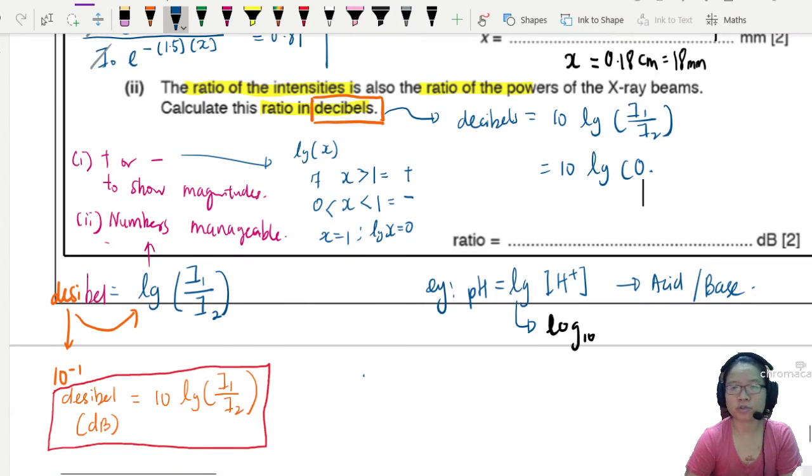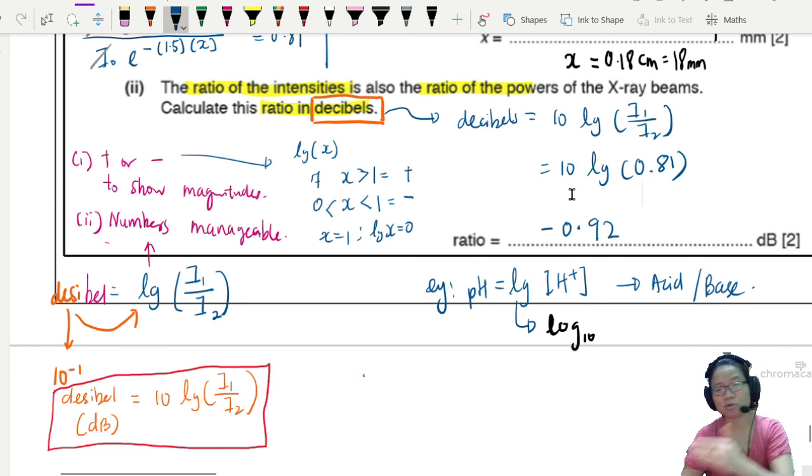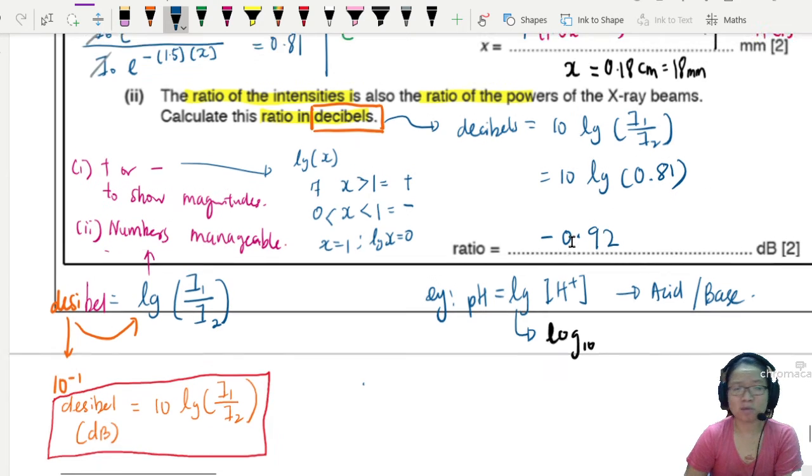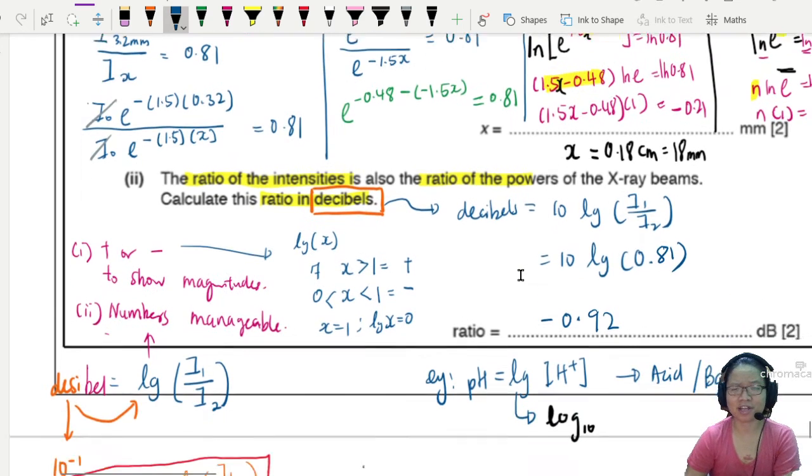Just press your calculator. I will get negative 0.92. So this negative tells me that the incident intensity is bigger. In this case 0.81 is still a more manageable number. Although the second reason doesn't really hold here, the first reason still holds. But of course, this 0.81 also can tell you the information.